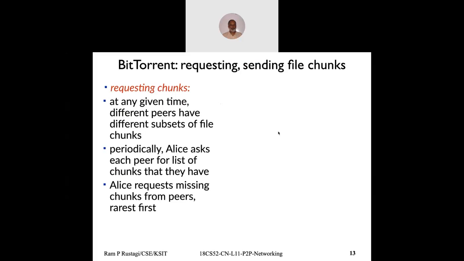Peer 2 says it has got chunks 1, 3, 4, 6, 7, 8. Peer 3 says it has got chunks 5, 7, 8, 9, 10.